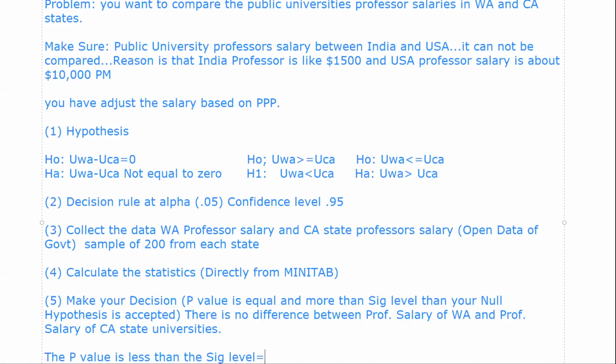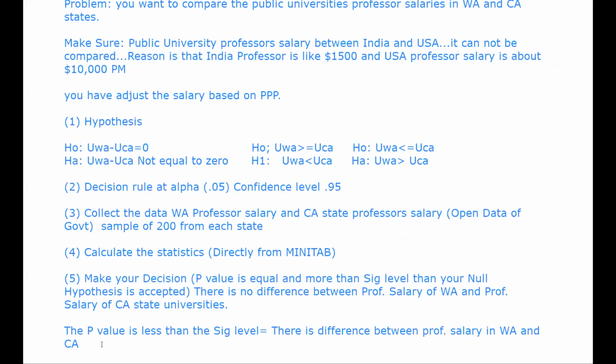Your decision would be there's a difference between professors' salary in Washington and California State. So this is the process in order to compare two samples. The two sample hypothesis, this is the process.